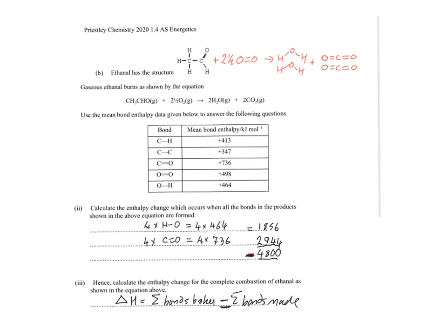So that negative sign already takes that into account. So from the last part we found out the enthalpy change for the bonds broken, take away 4,800 gives us a grand total in the enthalpy change for this reaction of minus 820 kilojoules.